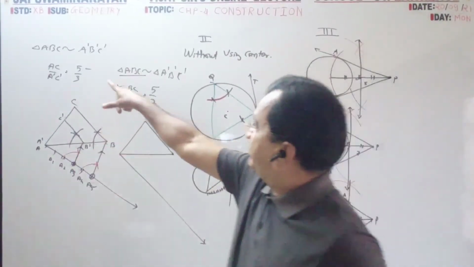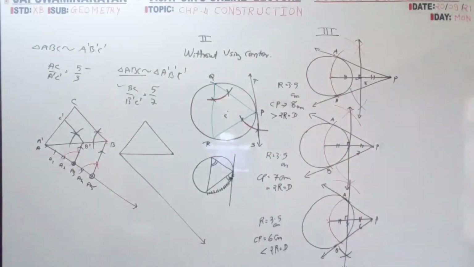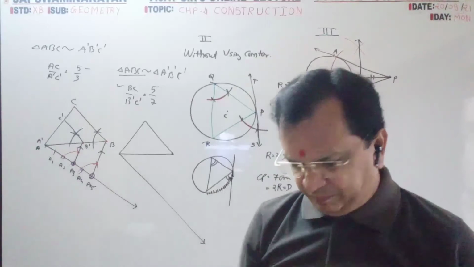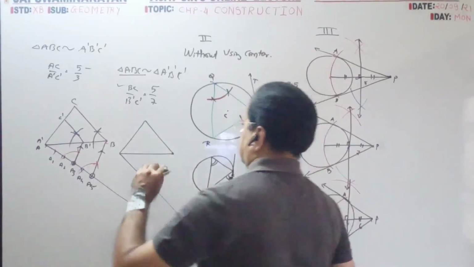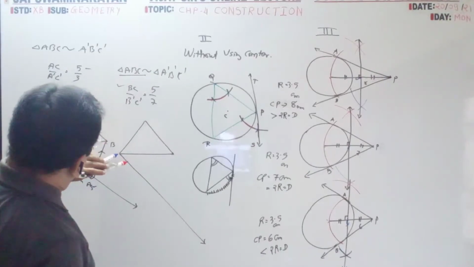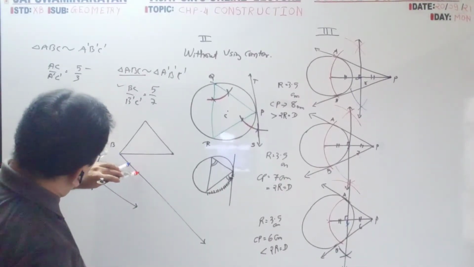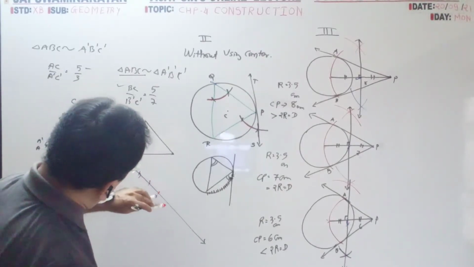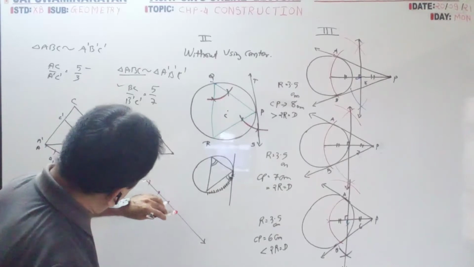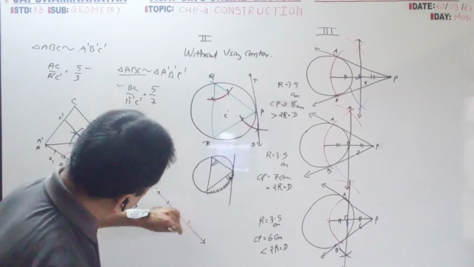Here also we have taken the maximum, and here also we will take the maximum. Seven: 1, 2, 3, 4, 5, 6, 7.